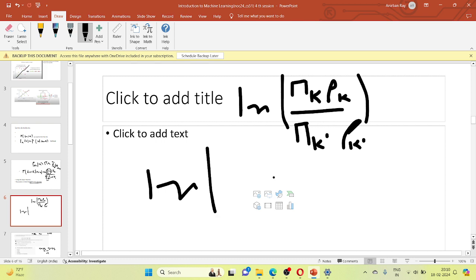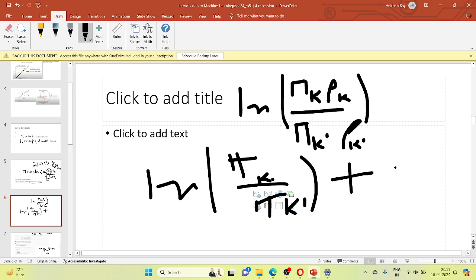In log, this will be log of pi_k divided by pi_k', plus a linear part, meaning x will be there with some coefficient. You have seen the derivation video, right?